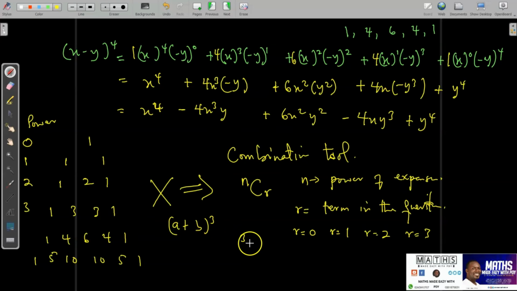So the first term is going to be 3 combination 0. The next will be 3 combination 1, then 3 combination 2, then 3 combination 3. Program it on your calculator. That is going to give you the answers 1, 3, 3, and then 1.